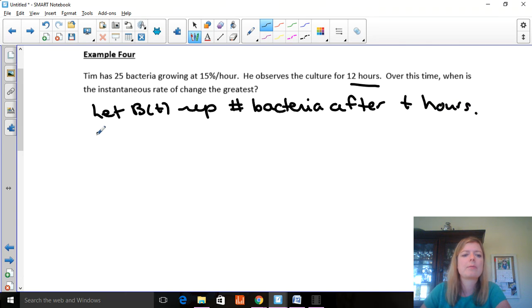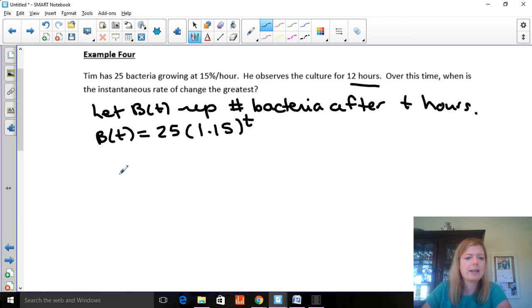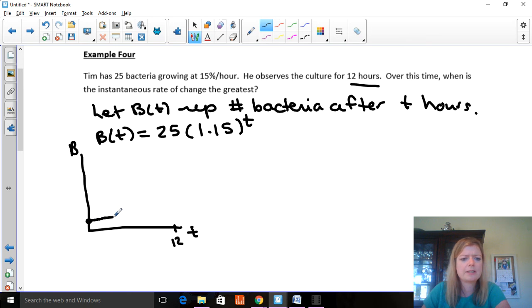If we remember from last year, we have B at T equals 25, because that's our initial population, times 1.15, which is 1 plus our rate of growth, to the power T. If we were to draw a rough sketch of this, we would only need this quadrant because time would only start at 0, and we would only need to get up to 12 hours. It would start here at 25, and it would go increasing until it hit 12.